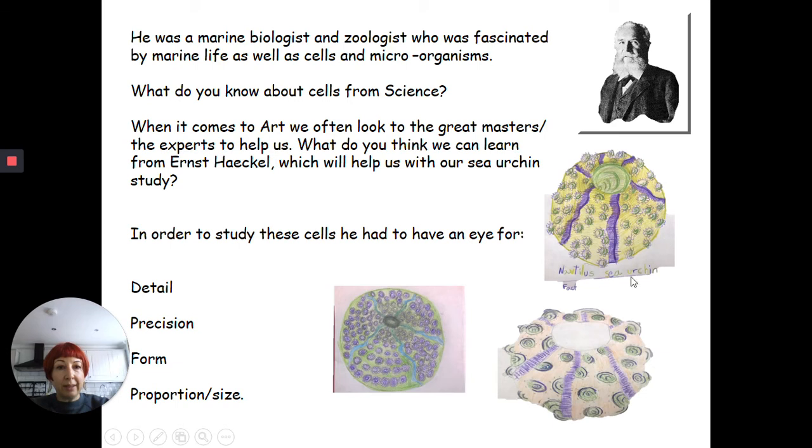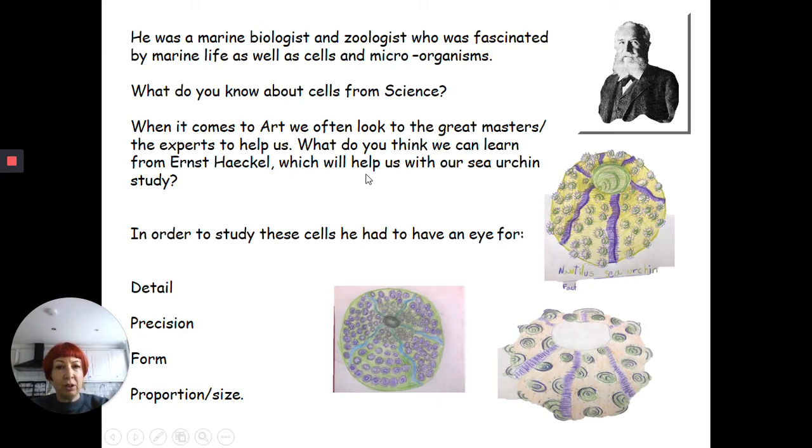If you look at the illustrations on the page, what do you think about who was able to achieve that detail? Which one of the artists on the right used Ernst Haeckel's precision within their work? Who was able to make their sea urchins appear 3D? Who really thought about proportion and size?